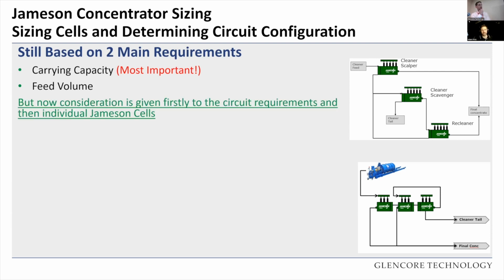However, the only change is that we essentially do things in two stages. We initially look at the circuit requirements in terms of carrying capacity and feed volume. That establishes how many cells we'll require to cover the carrying capacity and volume requirements, and then we break it down into individual cells.